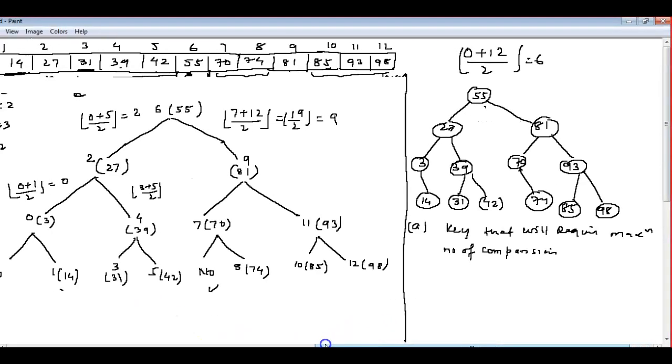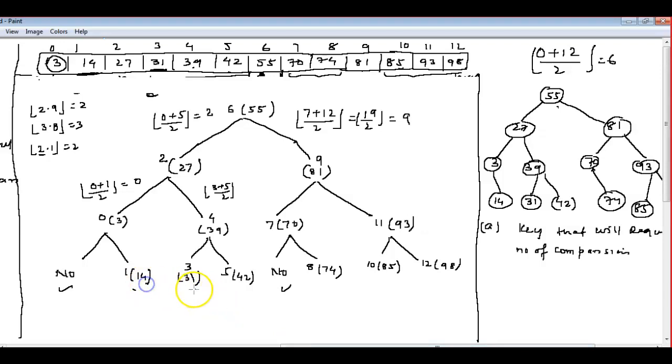So the elements will be 14 and 1. This one 14, 31, and which one we got in the list. The keys that will require the maximum number of comparisons are 14 and 31, which are at the bottom, and 42, 74, 85, 98.